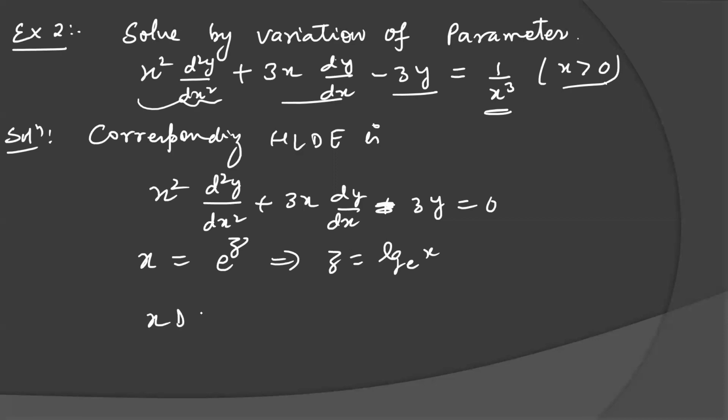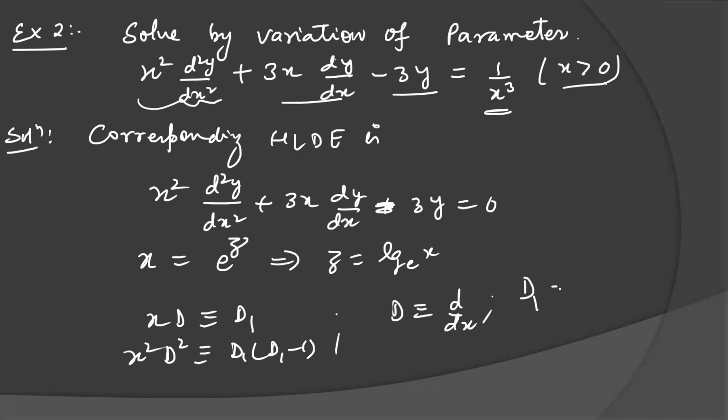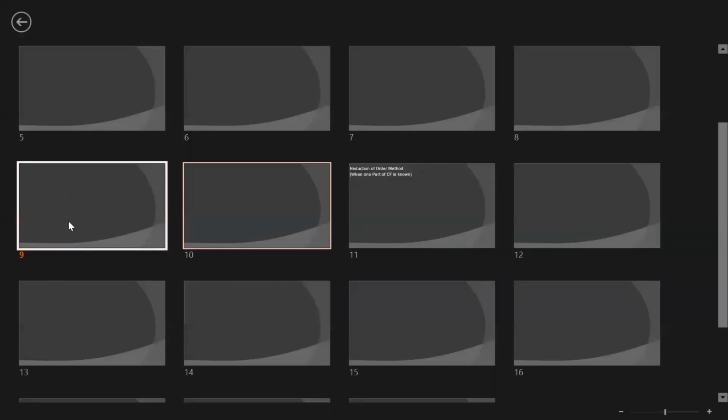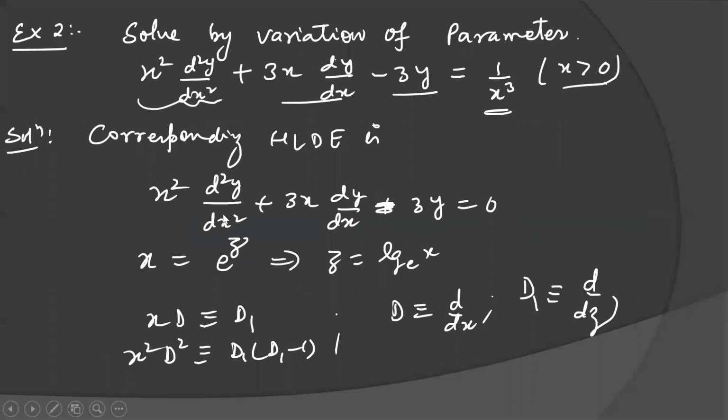And I told you then your x d is going to be D1, x square d square is going to be D1 into D1 minus 1, where D is nothing else but d by dx and D1 is d by dz. Change it, you will get this equation in the form of x square D1 into D1 minus 1 plus 3D1 minus 3 y equal to 0.